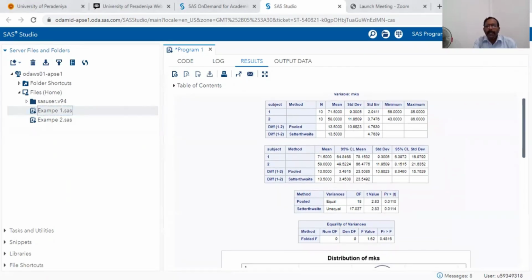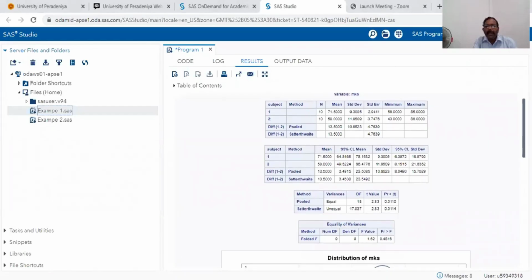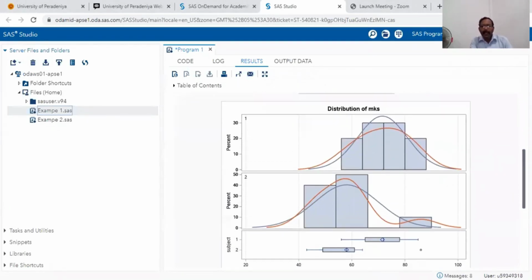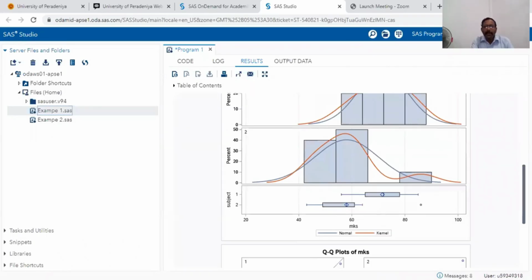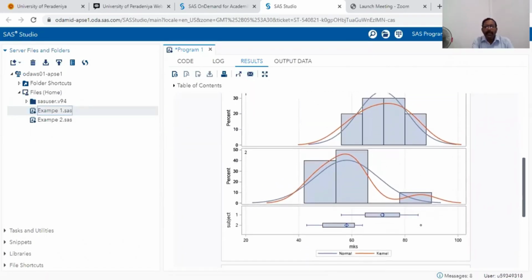So here it is giving, look at it, what is the mean value? 58 plus or minus standard deviation 11. So that is 48, something like that. This is the mean value, right?